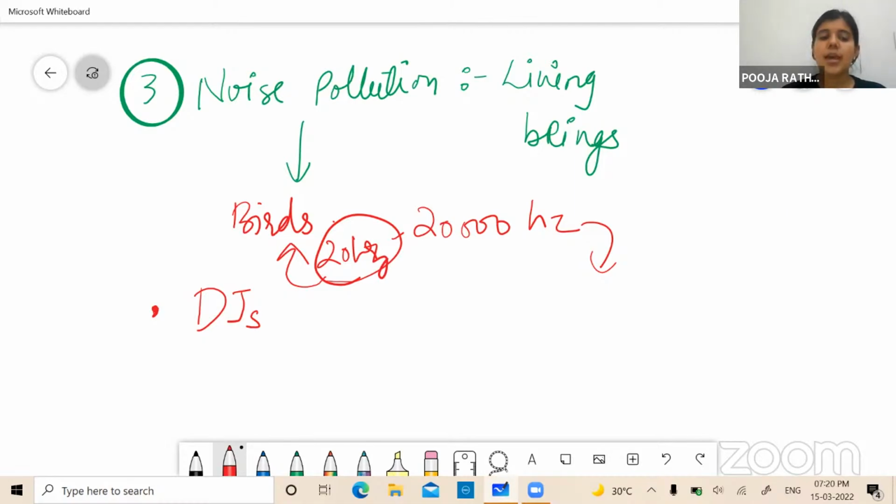It is not tolerable to us, not at all for birds, not at all for animals also. Noise pollution is just about the non-tolerable noise that comes to our ears and may lead to deafness.